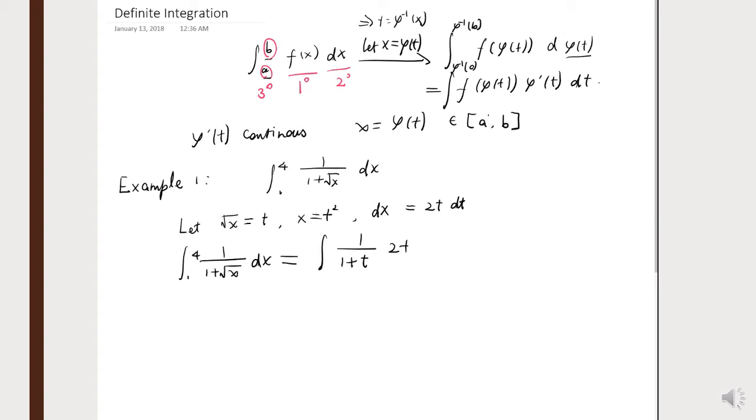We have something like here, no problem. What about a new range? We understand that t and x have a relation like this. So how about we just draw the function to show the relation between x and t?